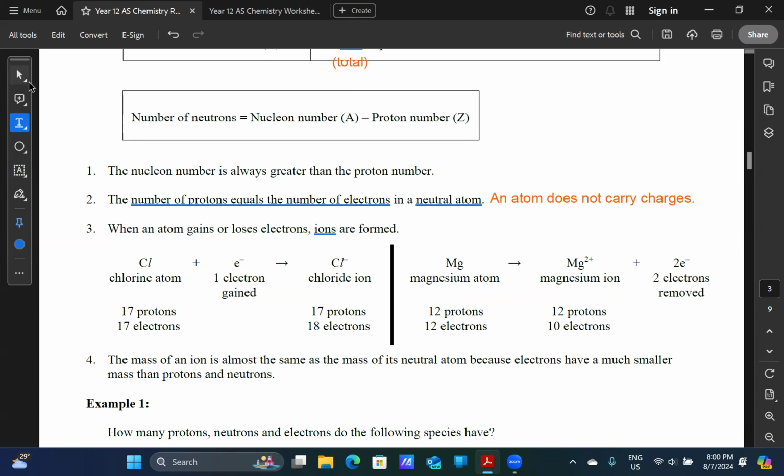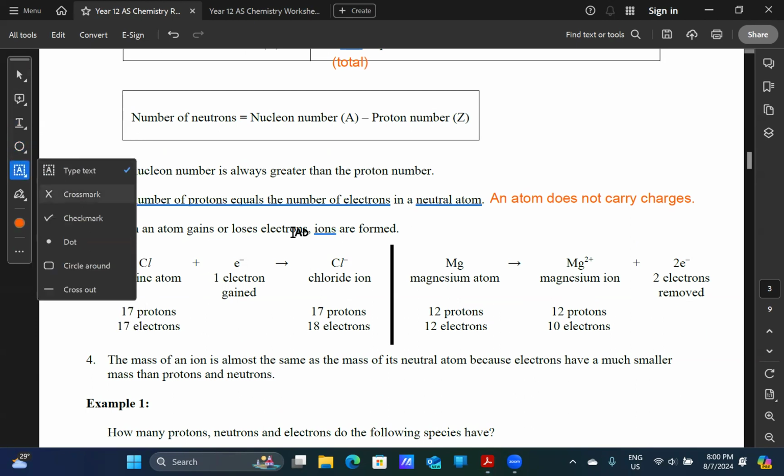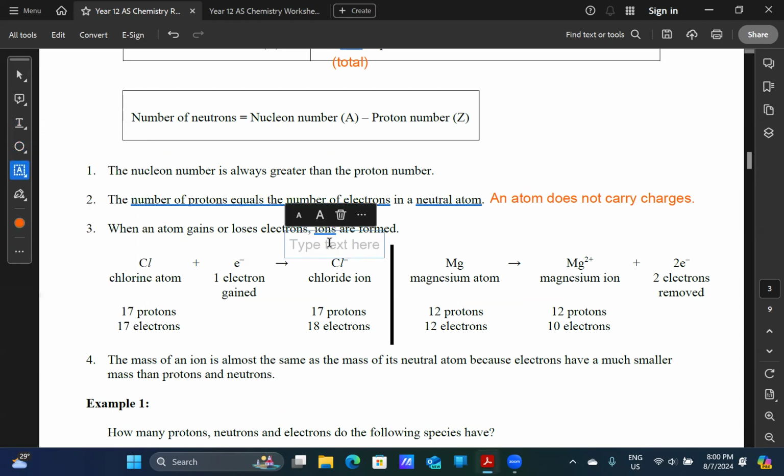Ions are formed. What is another word choice for ions? Another word for ion is charged atom. If the atom carries charge, we do not call it an atom anymore. We tend to call them ions.